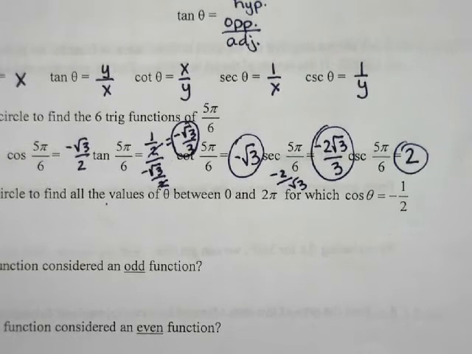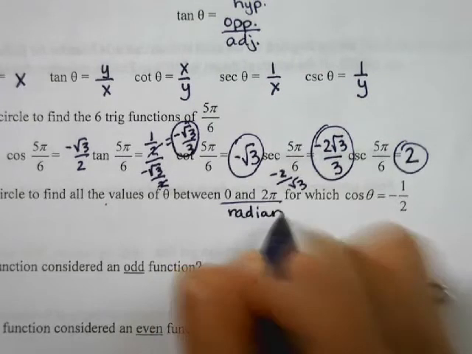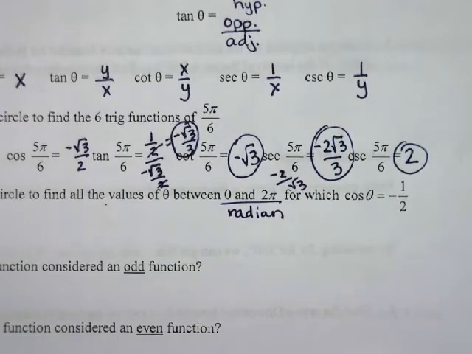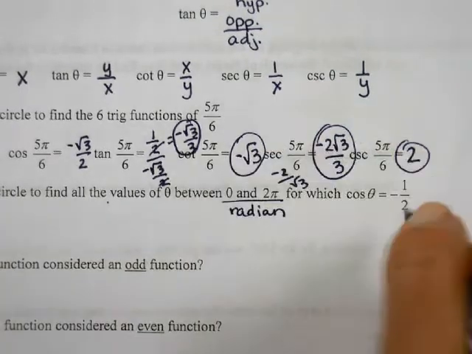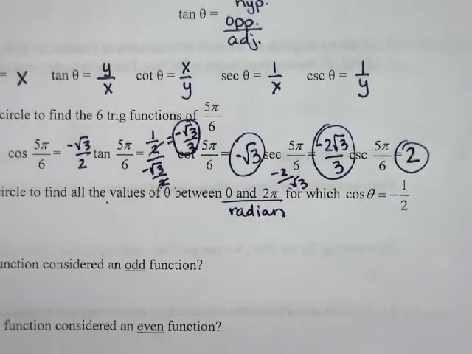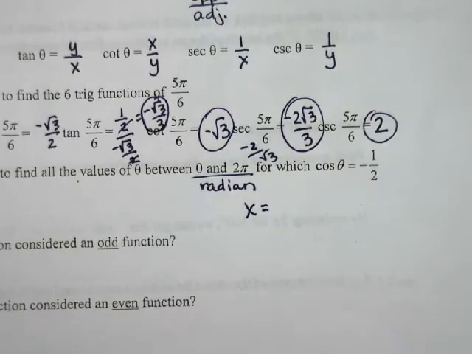Number 2 says, use the unit circle to find all the values of theta between 0 and 2 pi. So this tells me it has to be in radians. If it said between 0 and 360, then it would be in degrees. But I want to look for my radian measures. When does cosine equal negative 1/2? Well, remember that cosine is my x-coordinate.